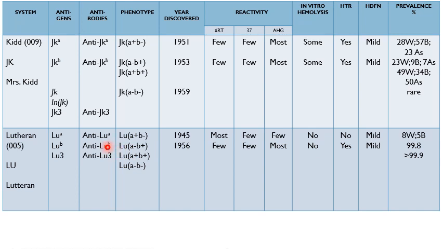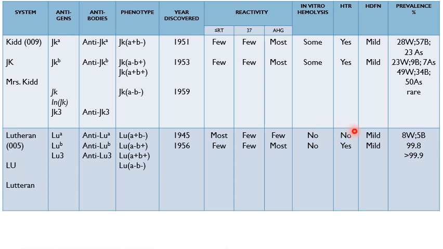Lutheran antigens are produced by allelic codominant genes. Anti-Lu-A are naturally IgM and react at room temperature, but some also react at 37 degrees Celsius. They can bind complement, but in vitro hemolysis has not yet been reported.